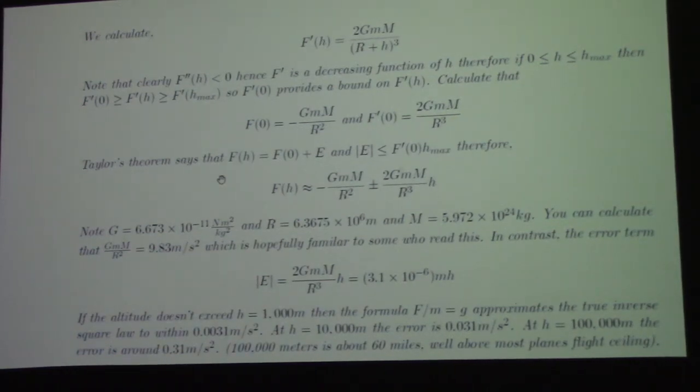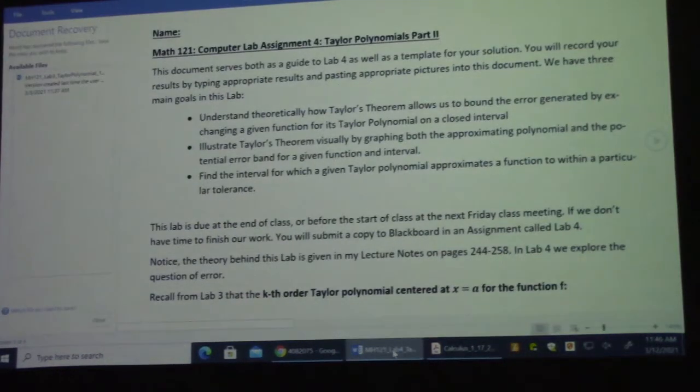So let me get the lab out here. Our lab has basically 3 parts. The first is to understand theoretically how Taylor's theorem allows us to bound the error generated by exchanging a function for its Taylor polynomial on a closed interval. I've tried to explain that to you now. Then we're going to illustrate Taylor's theorem visually by graphing both the approximating polynomial and the potential error band for a given function and interval.